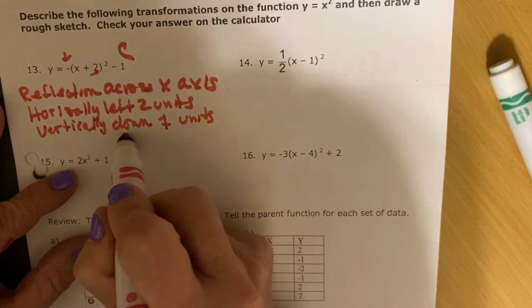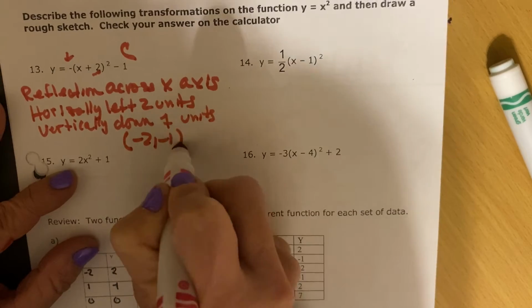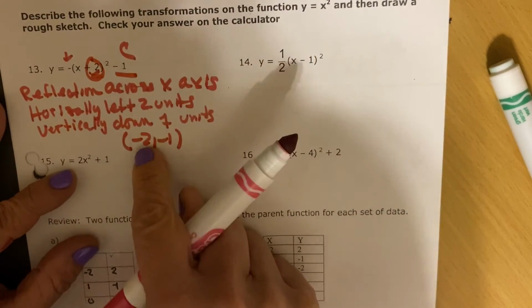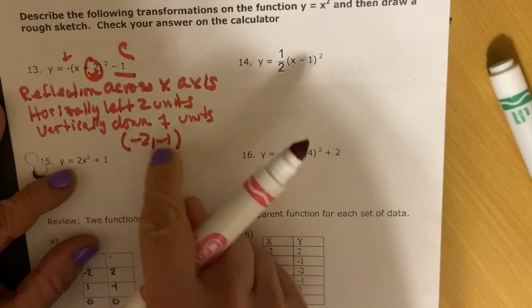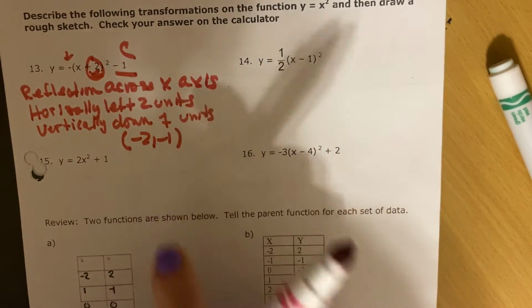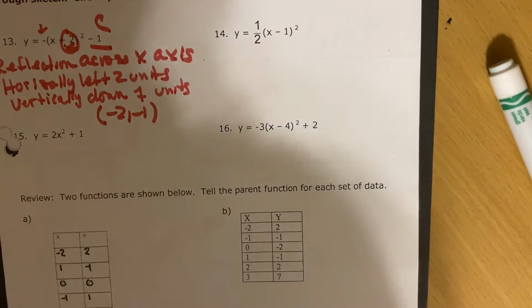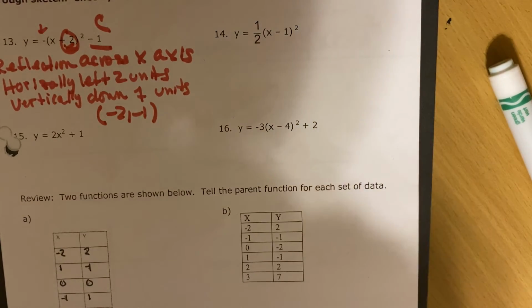And so my vertex is going to be negative 2, negative 1, right here. So opposite of this, and that negative and this value right here. So my vertex is negative 2, negative 1. So why don't you go try number 16? Tell me what's happening, and then tell me what your vertex is.